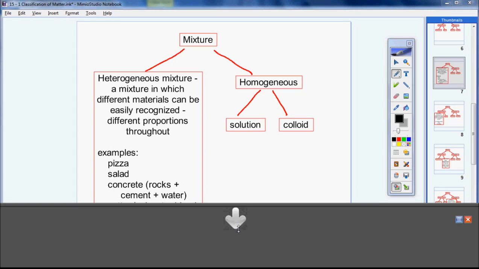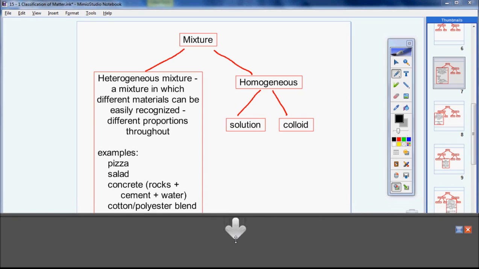Parts easily recognized? Well, from the top, when it's all smoothed out, it's kind of hard to see all of the parts. But if you stirred it up a little bit, you could begin to see the parts. When I say easily recognized, it doesn't necessarily mean that the particles are giant. You might even need a microscope to recognize the parts, but the parts are definitely there, and they're definitely something that you could tell.